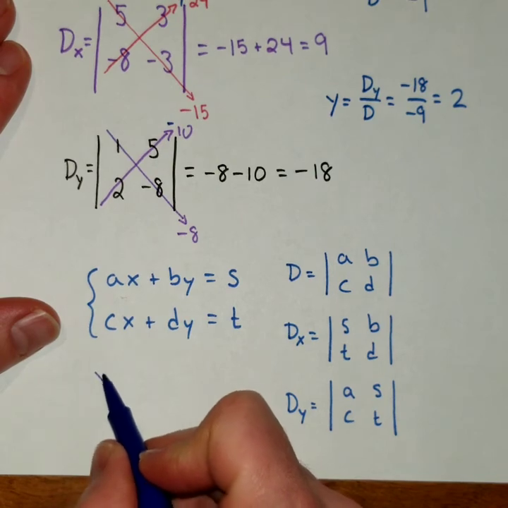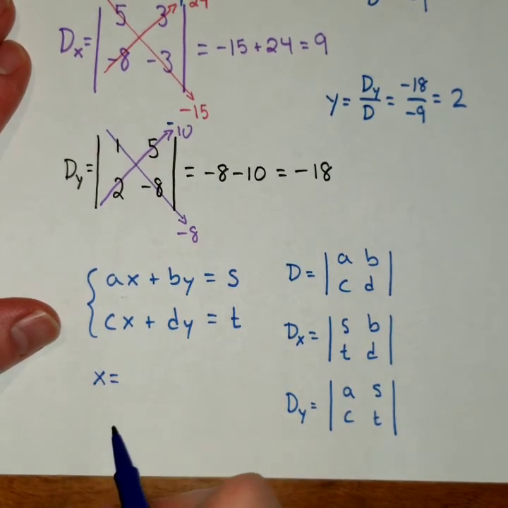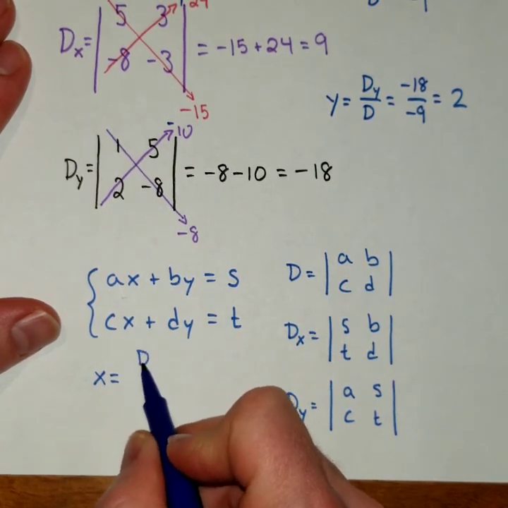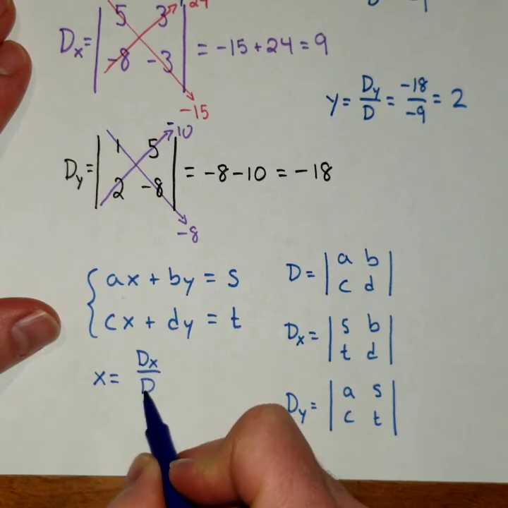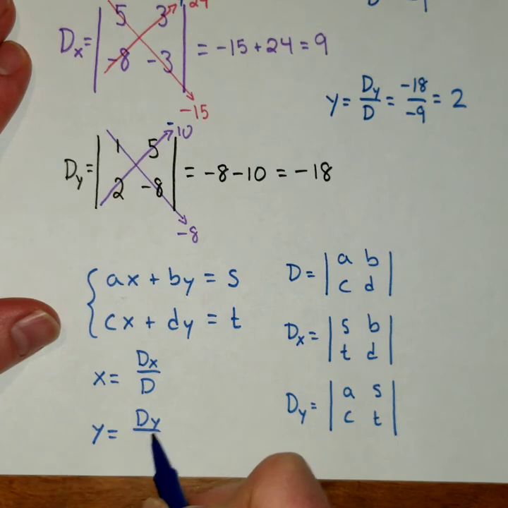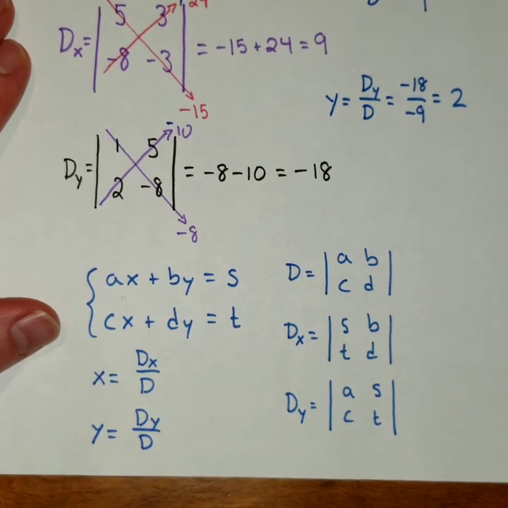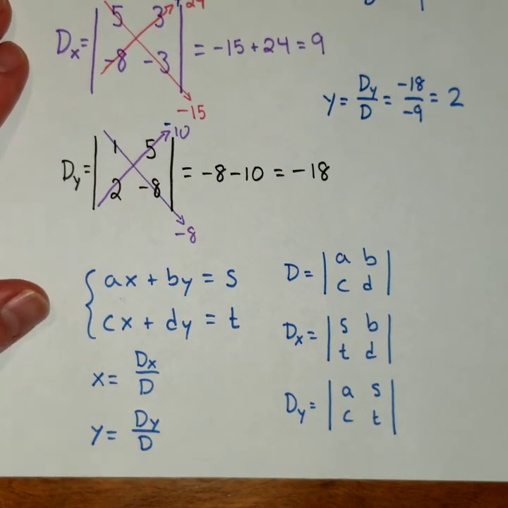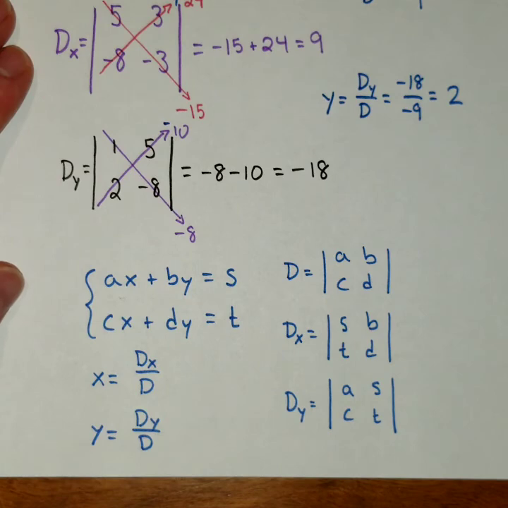Then the x value is always going to be D sub x over D, and y will always be D sub y over D.